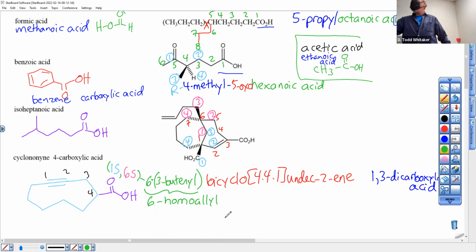Homo means 1 extra carbon. You can use homo, like homobenzyl would be phenyl, CH2, CH2, because the phenyl CH2 gives you benzyl. Homobenzyl, phenyl CH2, then another CH2. And it is a fairly common thing you'll see in drug names, etc. And you'll say, oh, that's what we're doing. Well, homo just means 1 more carbon.